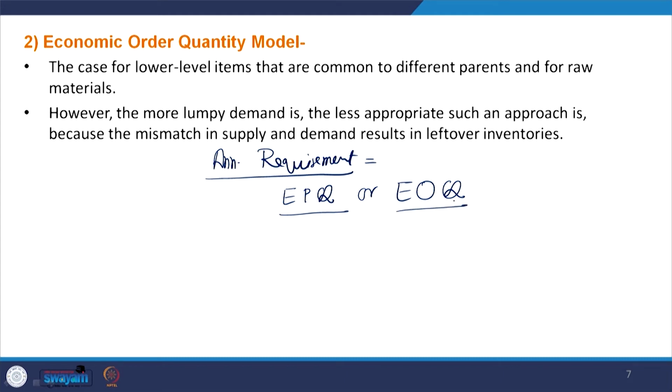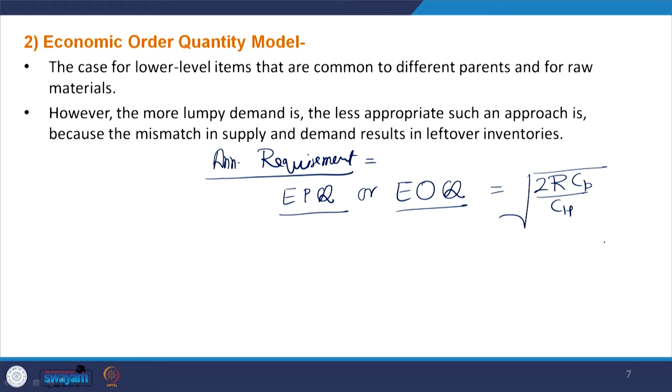So, you use the formula of under root 2 R Cp upon Ch, or if it is a production quantity, you have to use Ch into 1 minus R upon P as a factor in the denominator.